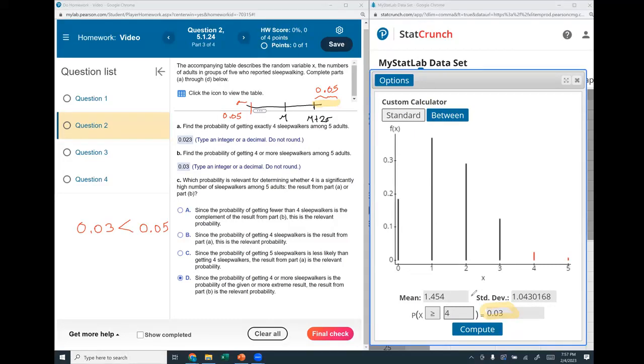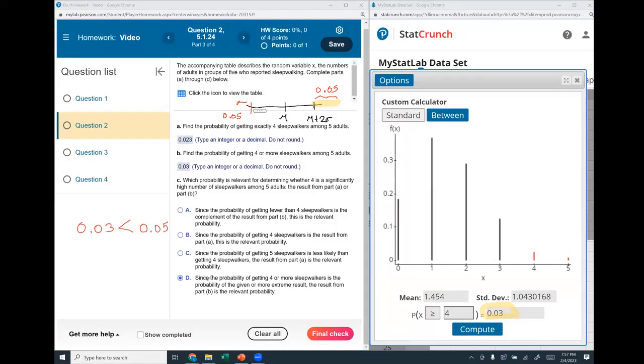So now I know 4 and 5 are significantly high. Since the probability of getting 5 sleepwalkers is less likely than getting 4 sleepwalkers, that's true. The result from part A is the relevant probability. No, because if I add a little bit more, I still am smaller than 0.05.